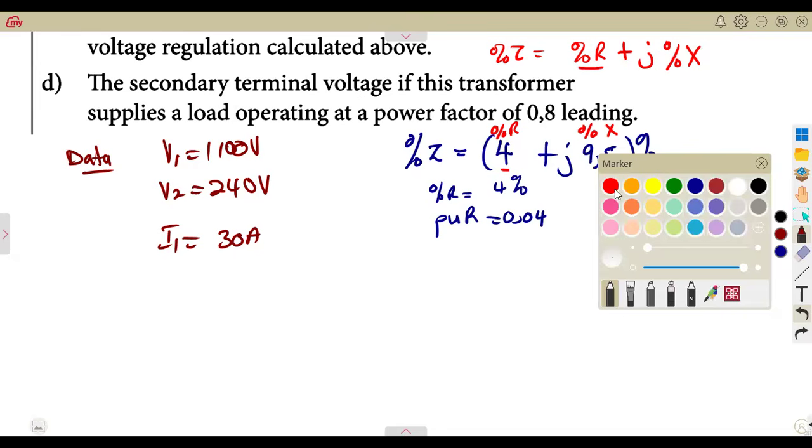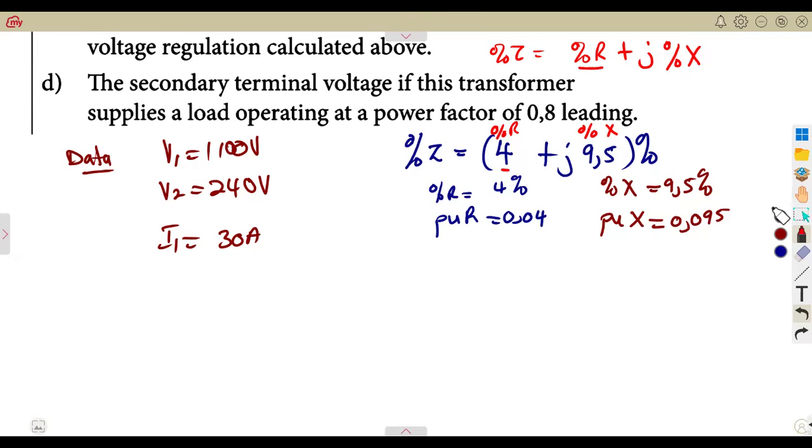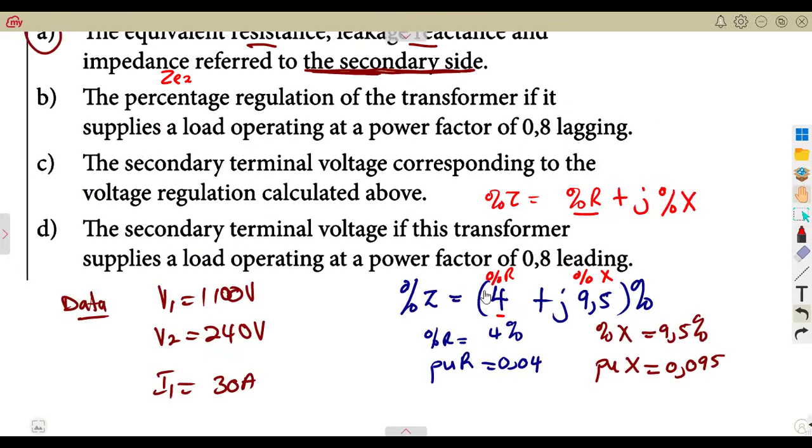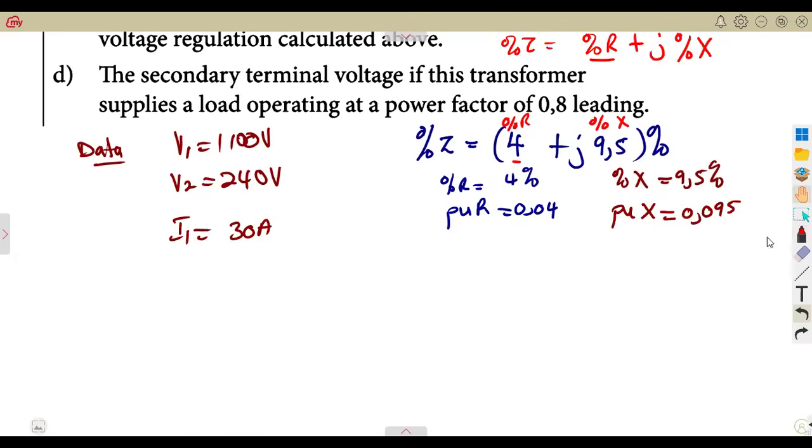Okay, as we saw, they were already answering. So this is A. Since we want to calculate these two, RE2, XE2, and ZE2 of the secondary side. From per unit resistance, remember your formula?